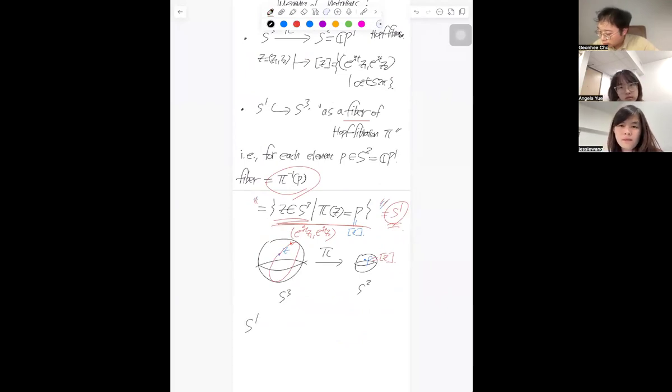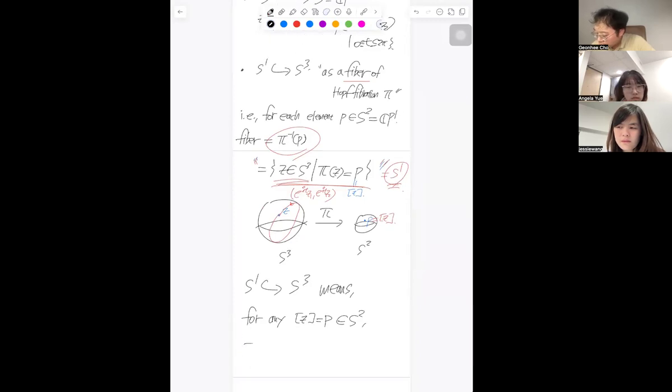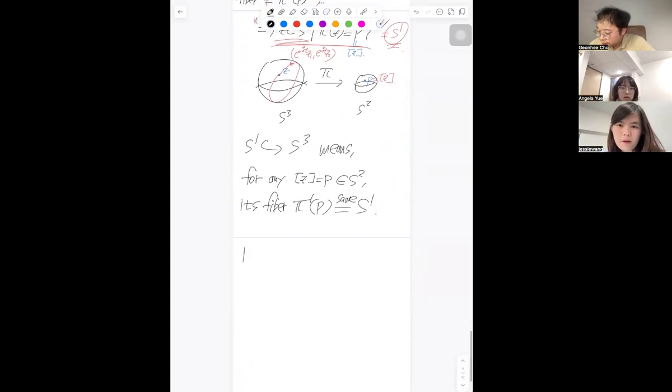S1 sitting inside S3 means that for any P in S2, each fiber, pi inverse of P, is the same as S1. So instead of denoting that pi inverse of P is inside of S3, we just change the notation to S1 sitting inside of S3.